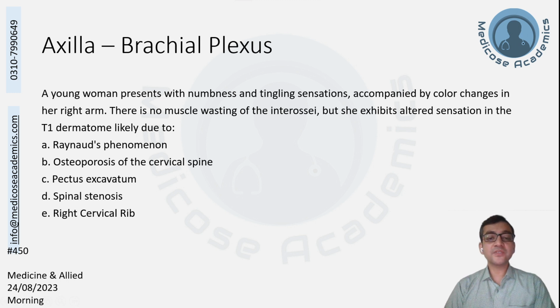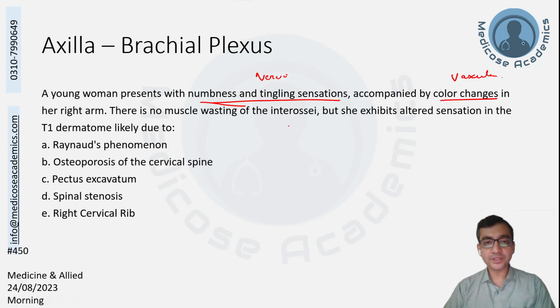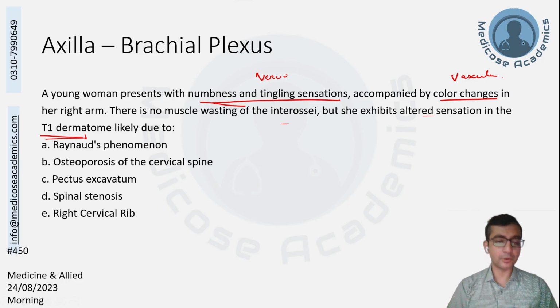A young woman presents with numbness and tingling sensation accompanied by color changes in her arm. So there is some issue of a nervous nature, and color changes mean some issue of a vascular nature. There is no muscle wasting of the intrinsic muscles, but she exhibits altered sensation in the T1 dermatome. So the nerve injury has not been enough to waste the muscle, but it has left an issue with the sensory dermatome.